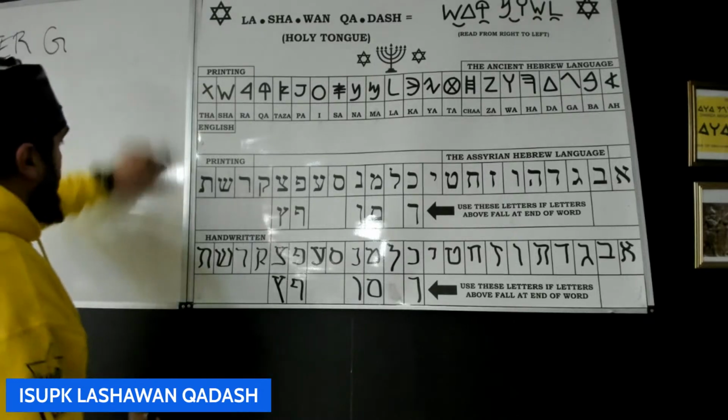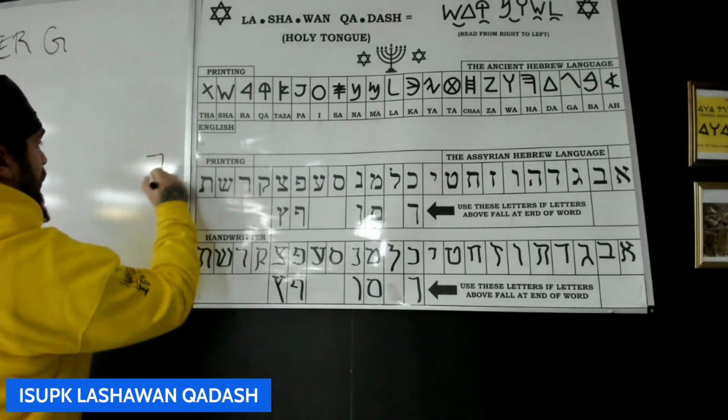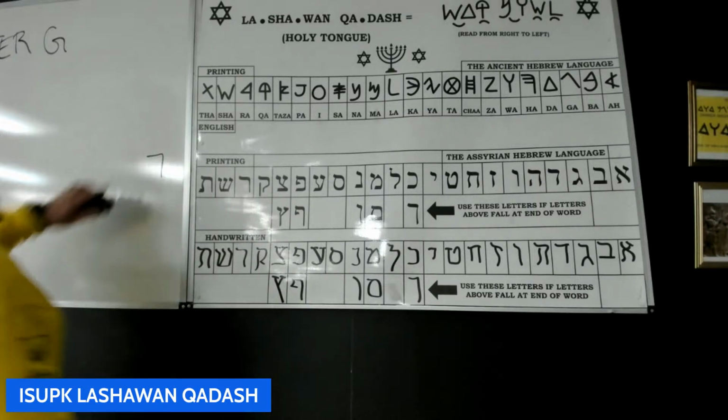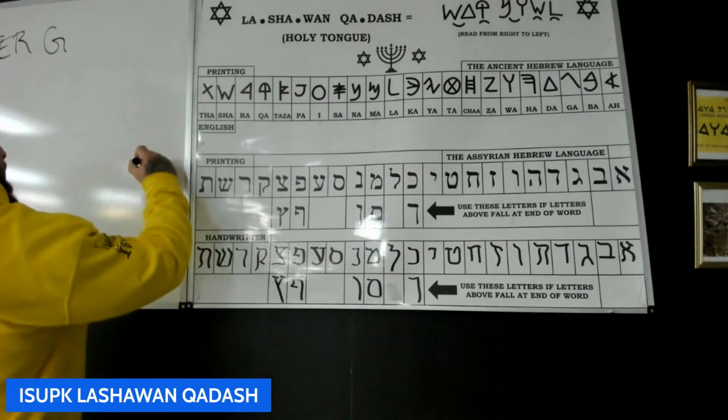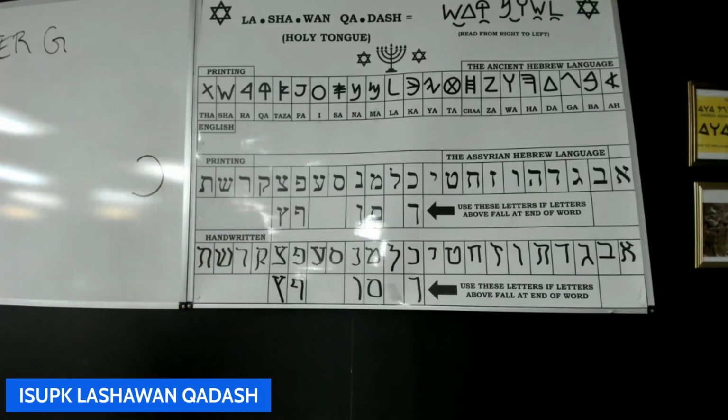After that, go to Ya. Ya's like a comma, more at the top portion though. Then you got Ka. It's like an inverted C. It's Ka.